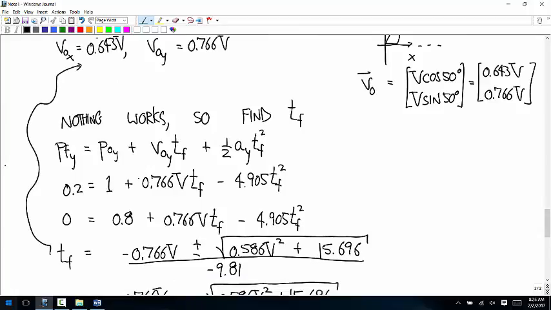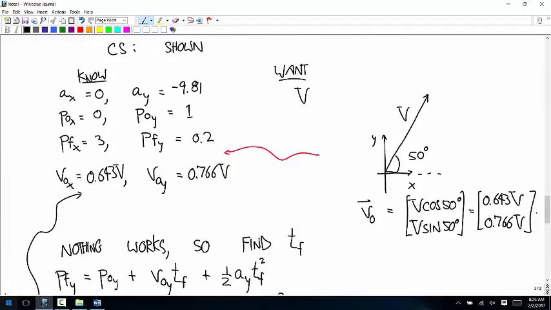And now we can look for an equation that has V in it that uses TF. We couldn't before. So what equation can we use now?